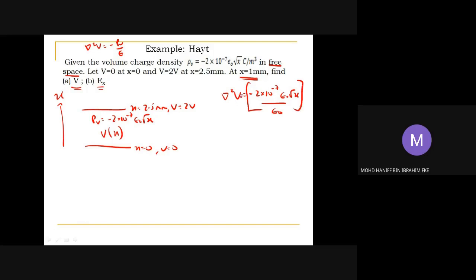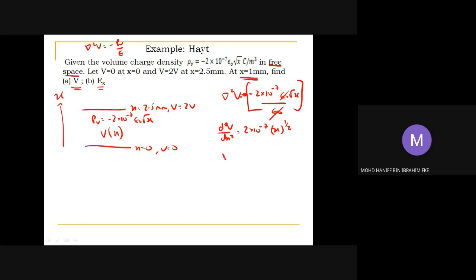So we now proceed with the integration step by step, where d squared V over dx squared should be positive 2 times 10 to the power negative 7, with epsilon naught canceled out, times x to the power of one third.